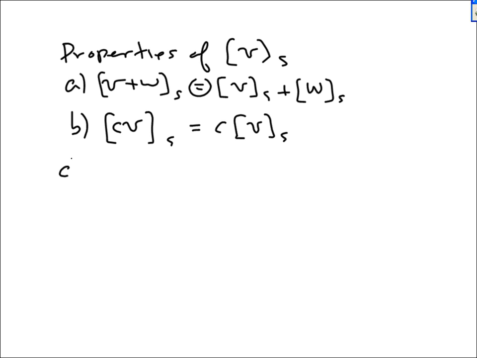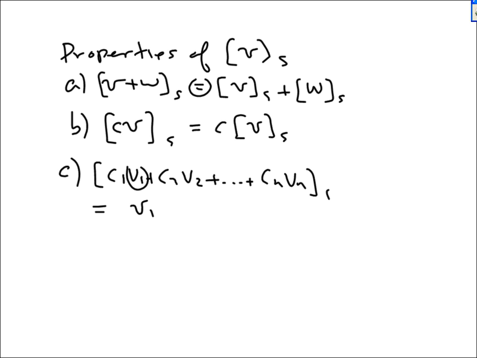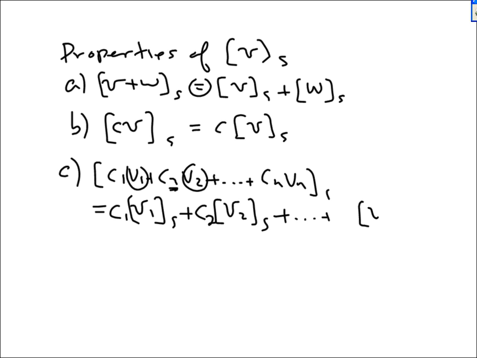And these two can be generalized. If you had the coordinate vector of c1 v1 plus c2 v2 all the way up to cn vn with respect to S, you can find the coordinates of v1 first with respect to S and scale that vector, plus you can then find the coordinate vector of v2 with respect to S and then do the scaling, all the way down to finding the coordinate vector with respect to S for v sub n and then scaling it.